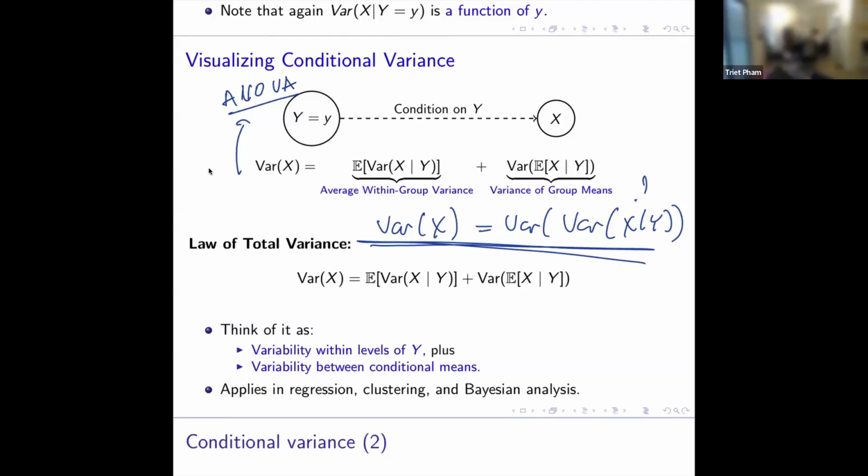So you see in ANOVA or experimental design that within group plus between group gives you the total variance. Anyway, I'll just stop there. We'll see how this formula comes out when we do the problem set. But needless to say, variance calculation is always more complex than expectation. That's why the formula is more complex.